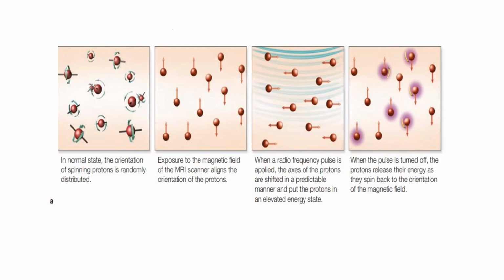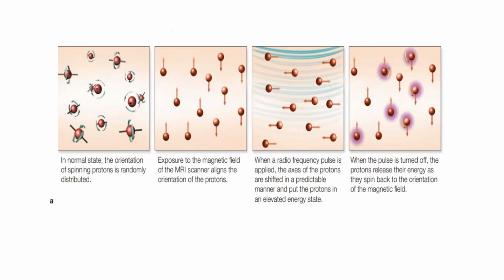This is basically what I was talking about earlier. Before it is subjected to any magnetic field, the protons are randomly distributed. The second picture shows that once it is subjected to the magnetic field, the orientation of all protons becomes parallel to the magnetic field. In the third picture we can see they absorb the energy from the radio waves.